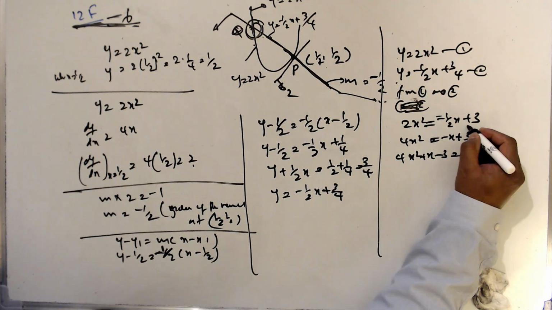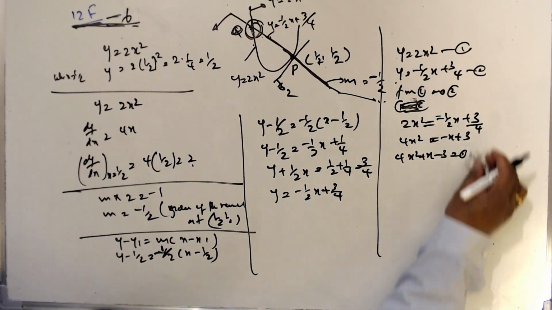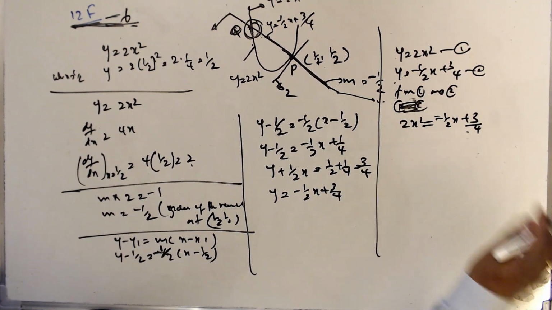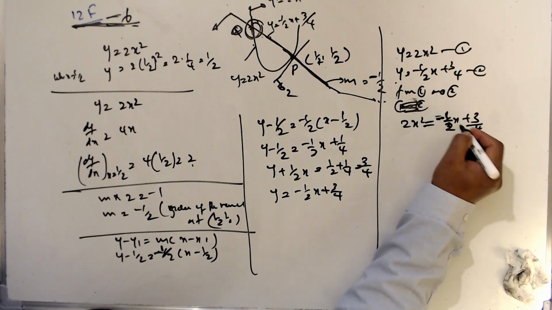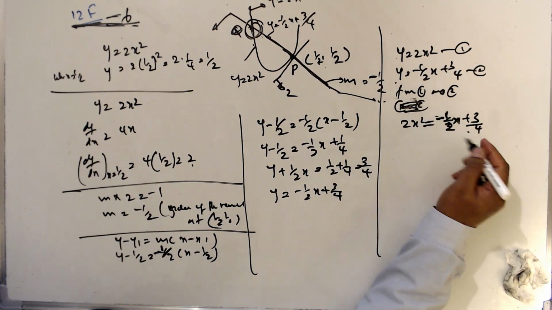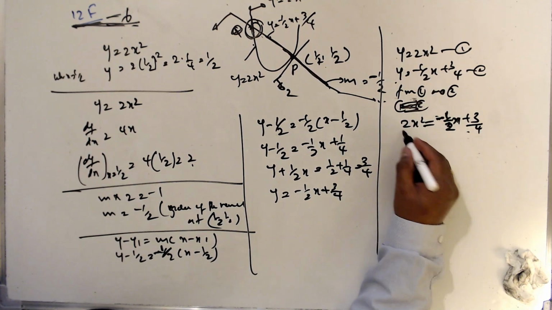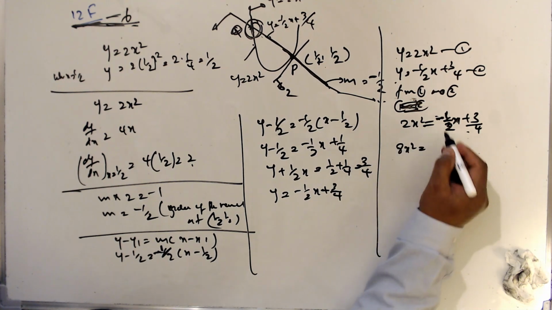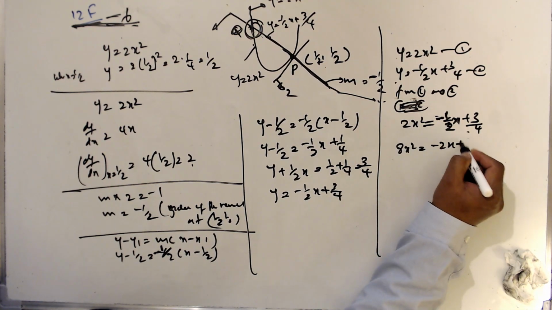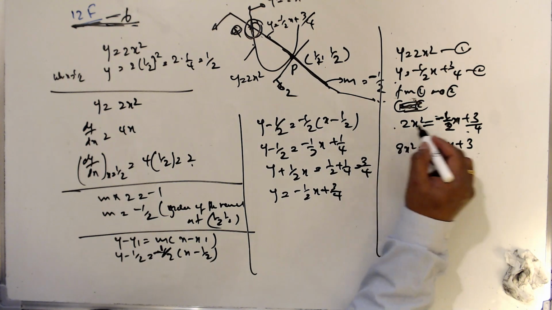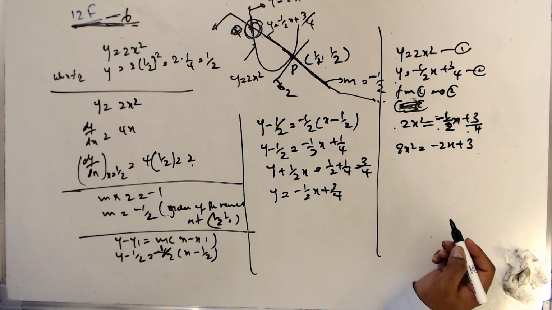Here this is 3 over 4, so I have to multiply by 8, not 2 or 4. Each and every term is multiplied by 8.